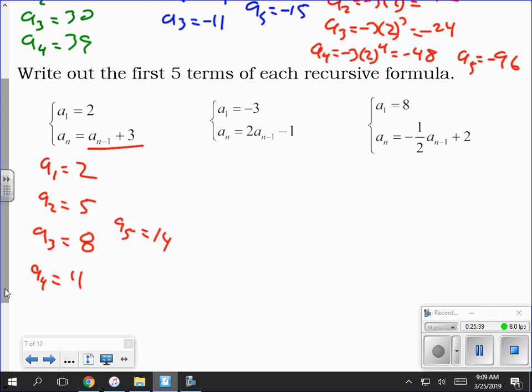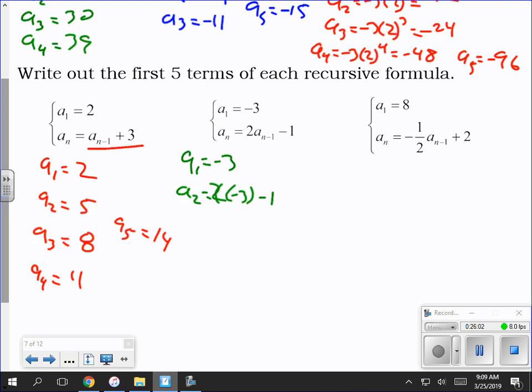So like this one here, my first number is -3. My second number, a sub 2, what does it say to do? It says to take the number before it, multiply it times 2, then subtract 1. So I take 2 times -3 and then subtract 1 from that. Because that's what my formula tells me to do.